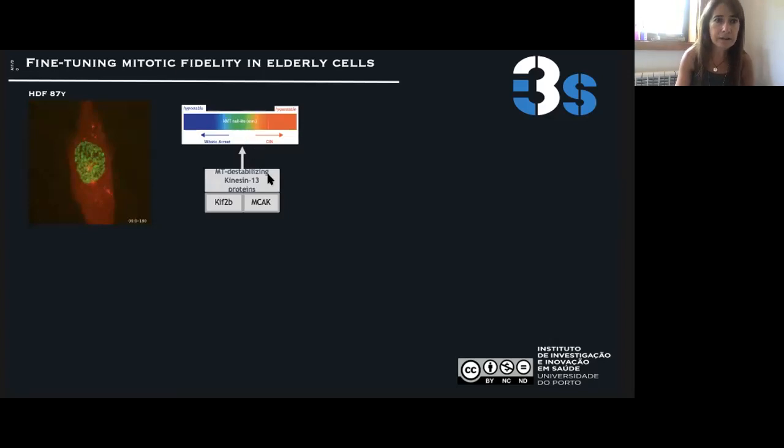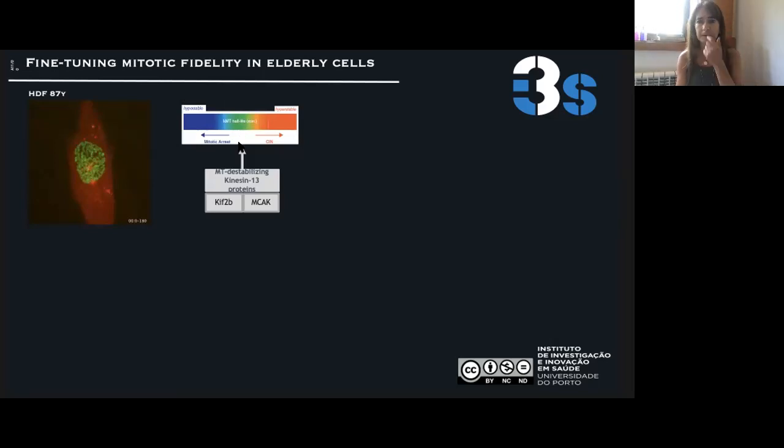If the microtubule interactions are very hyperstable, you tend to have chromosomal instability. If these interactions are hypostable, then you generate a mitotic arrest. So the levels need to be here.